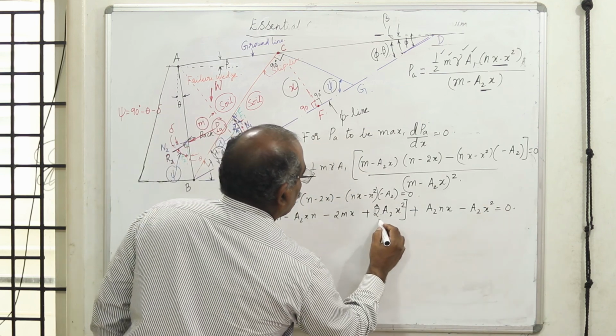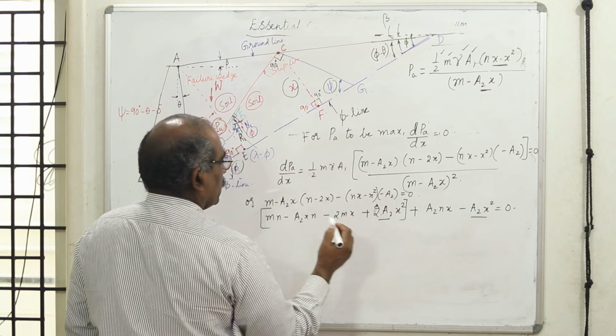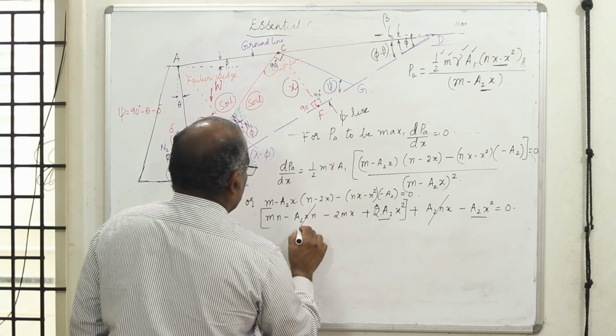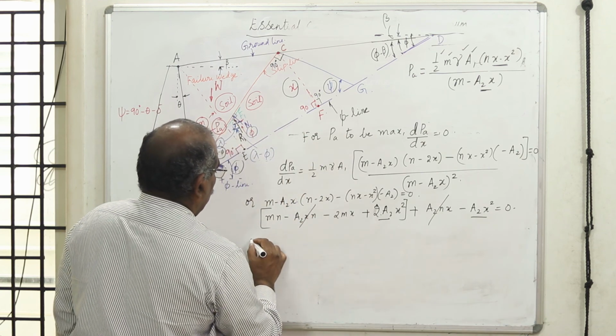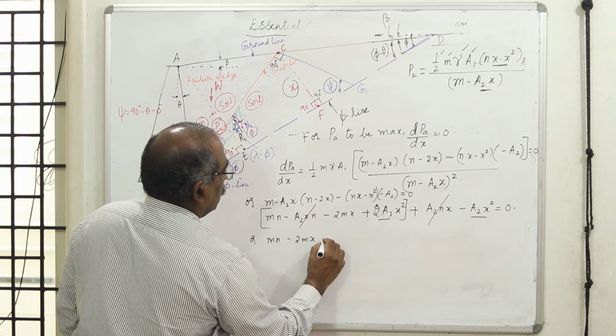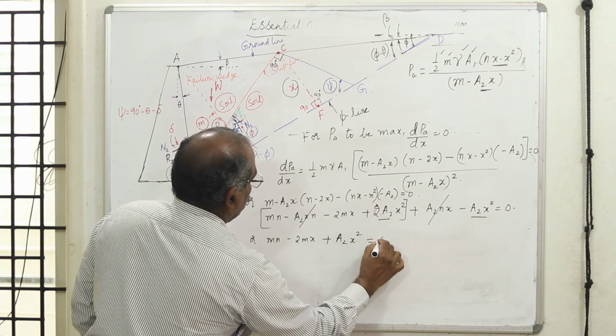Now this is 2A2x square, this is 1 A2x square, 1 gets cancelled, and this A2nx gets cancelled. Therefore I am left with mn minus 2mx plus A2x square is equal to 0.